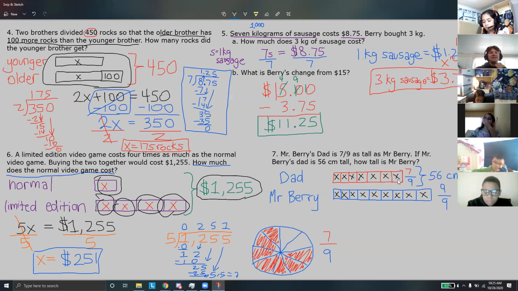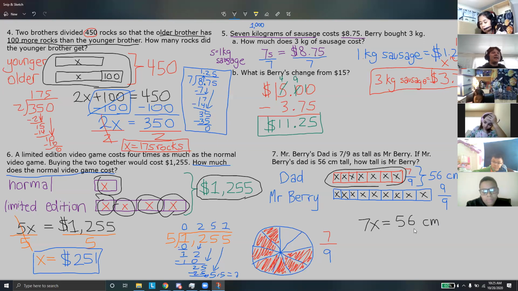Okay, so this is probably the easiest way to do it. Mr. Barry's dad is 56 centimeters. That would be 7 of these boxes that are x tall, x plus x plus x plus x plus x plus x plus x, is equal to 56 centimeters.